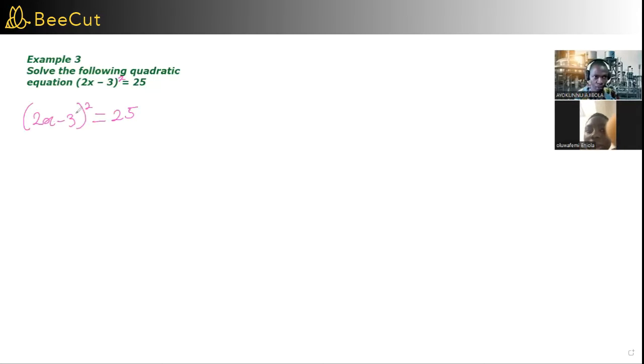The very first thing you have to do is to remove this square by expanding. You know, something square means that thing multiplied by itself. Yes or no? Yes, sir. So if you have, let's assume you have a plus b all squared, we will say this is a plus b multiplied by a plus b.